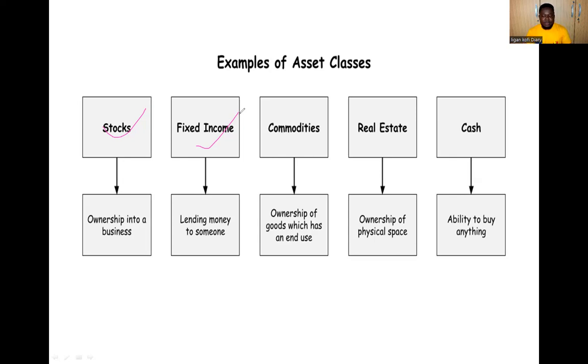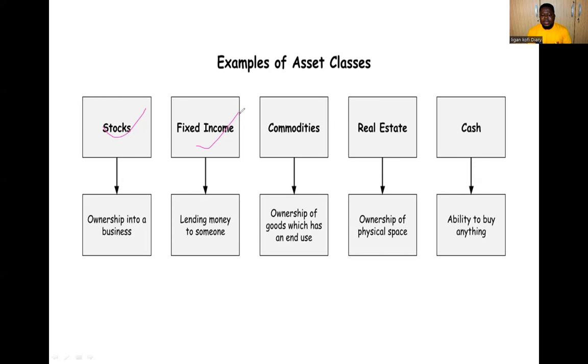We have various banks with different lending packages or fixed income packages. So you may only have to contact your bank and see what kind of fixed income package they have. And if you look around it or you study it and it is okay, then you can give your money to them and then expect the returns in any number of years or months they will give you. So that is another asset class, fixed income.